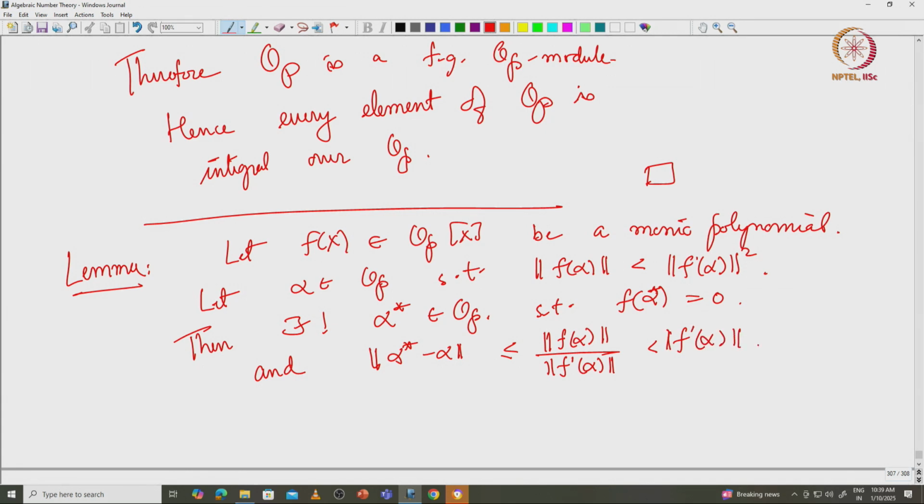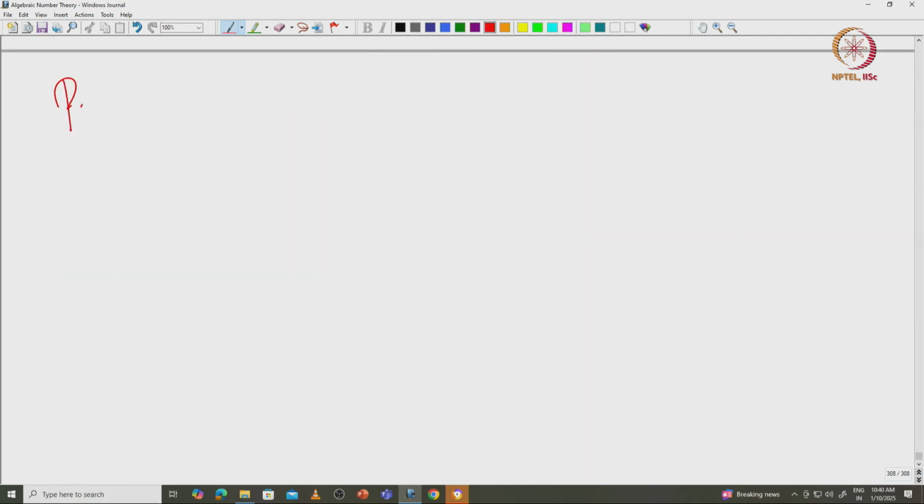And so, again the idea would be to construct a sequence of elements giving better and better approximations. Proof: construct alpha 1, which is just alpha.